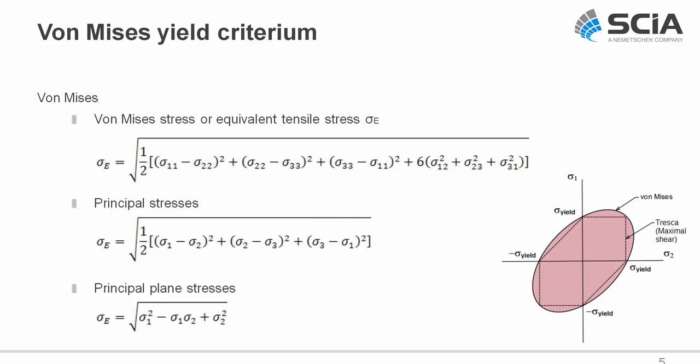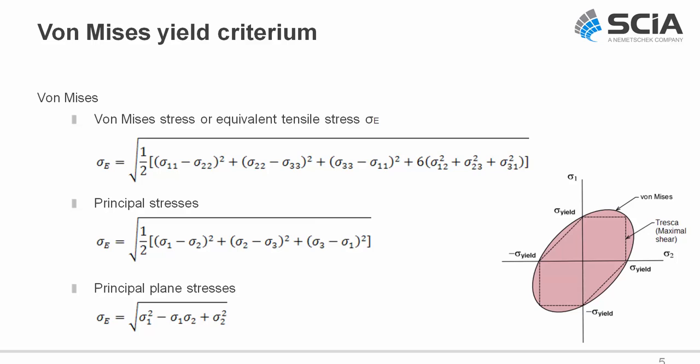And next, this will also be reformulated into principal plane stresses, meaning that we only have 2 stress directions, sigma 1 and sigma 2, of course. And this one is the von Mises stress, how it is calculated in our software, SCIA Engineer.